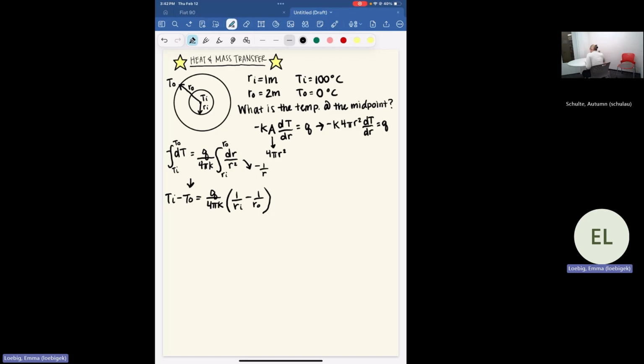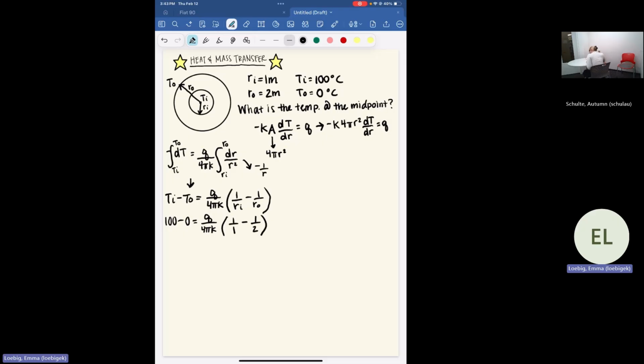Plugging in our values that I gave us, we're going to find that the inner temperature is 100 degrees minus the outer temperature, which is 0, is equal to our constant over 4 pi times our thermal conductivity multiplied by 1 over our inner radius, which is 1, minus 1 over our outer radius, which is 2.